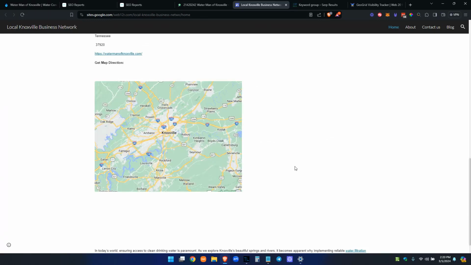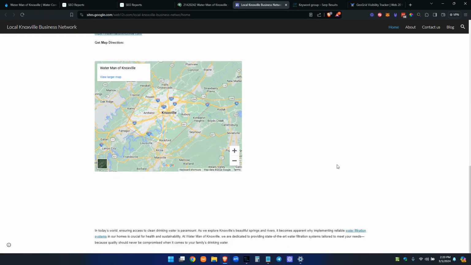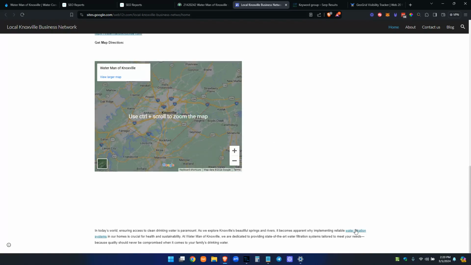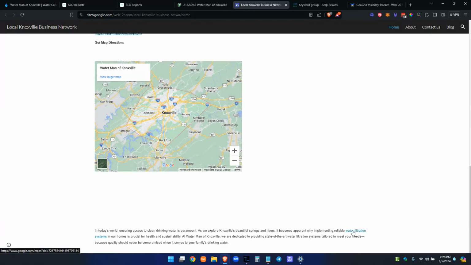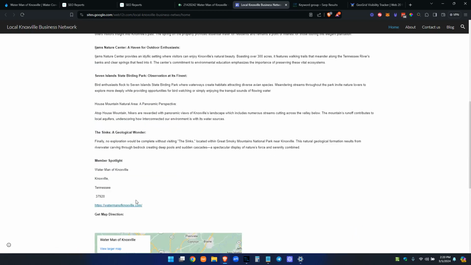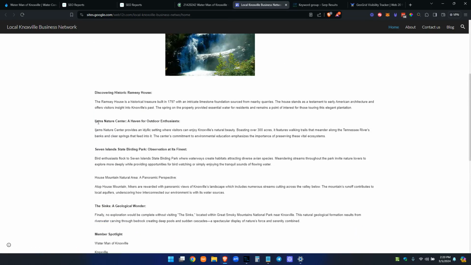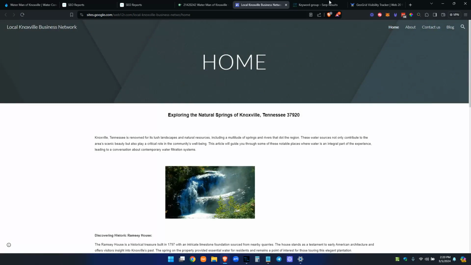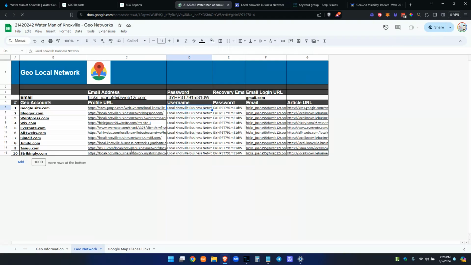Looks like the driving direction. There's the directions loading. Get map directions has an embed to the map. Then we also have links to the Google My Business CID URL, as well as a link to the website and optimized content. We've done that across various properties here.